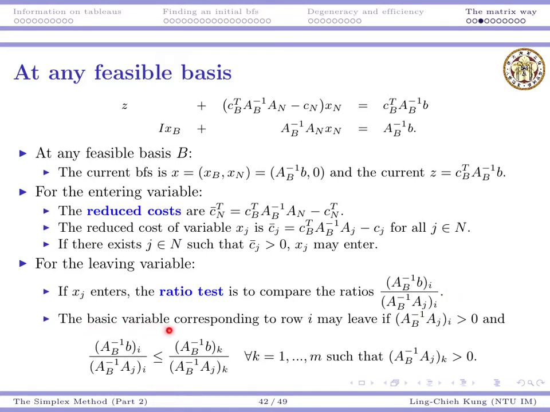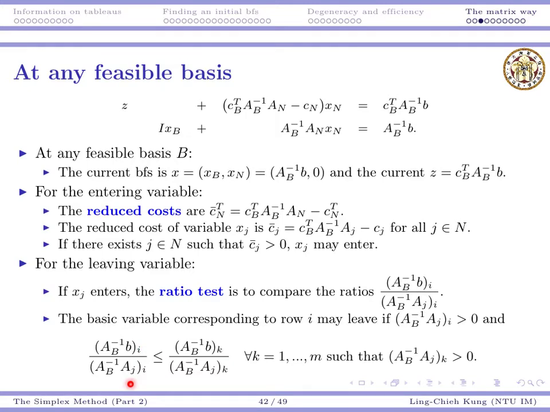The basic variable that should leave satisfies the following situation. First, the denominator must be positive. And among all those rows whose denominator is positive, the ratio should be lower than them.